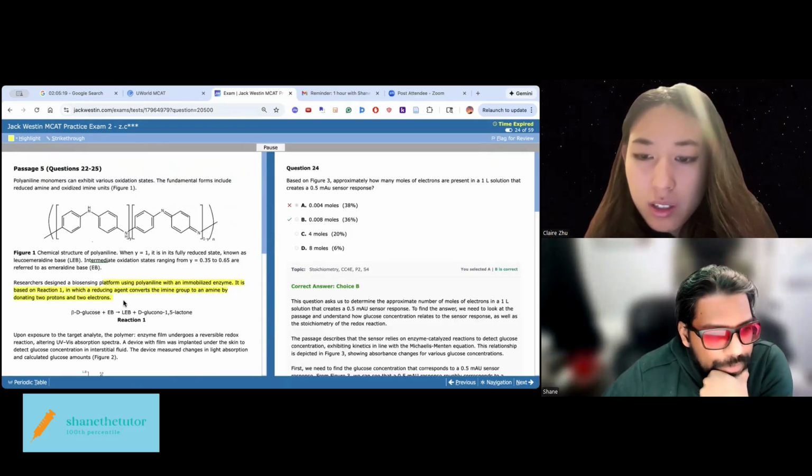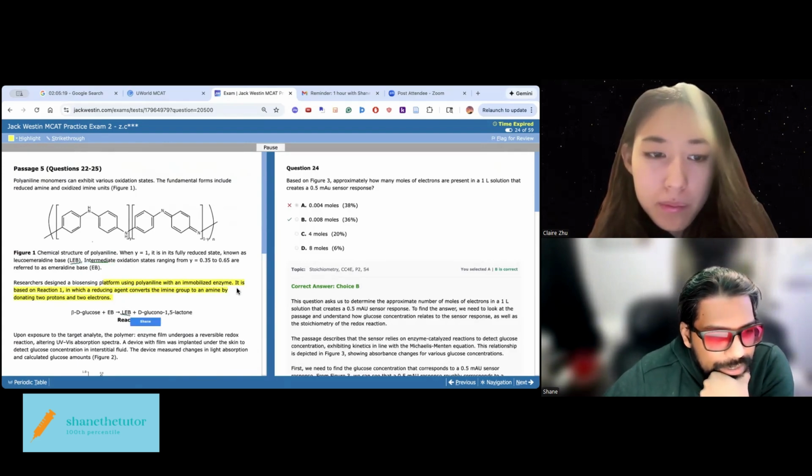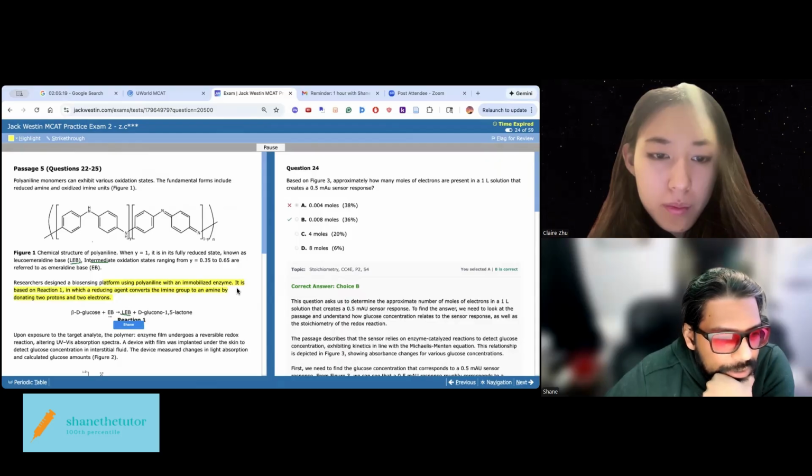Let's see. Okay, fully reduced state. It's called LEB, and I guess an intermediate is EB. Okay, reducing agent. The imine.